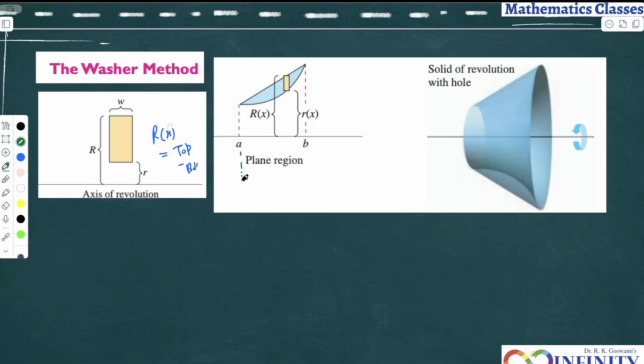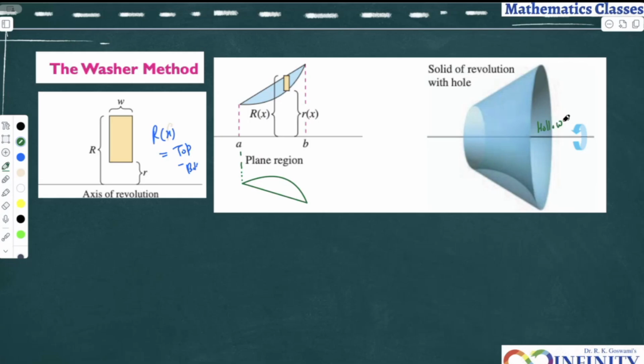So you will be having a situation like this is a line, vertical line, and a curve like this. And because we are rotating about the x-axis, the inside portion is going to be hollow. So whatever is inside, this is going to be a hollow figure.